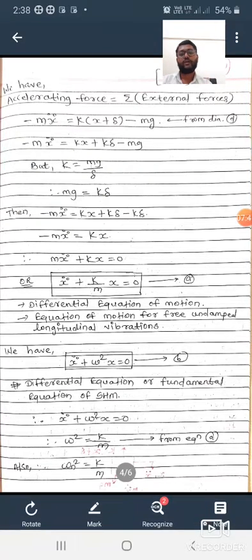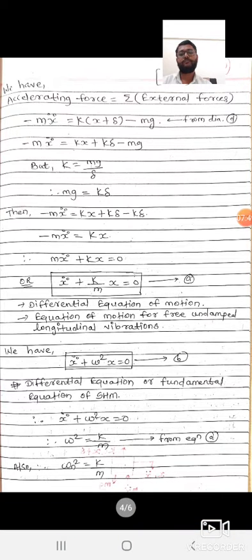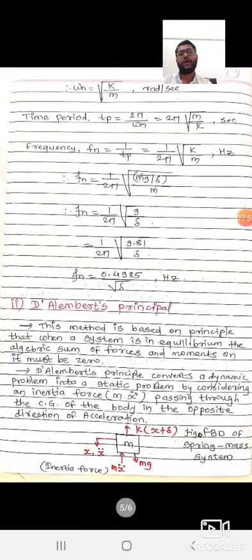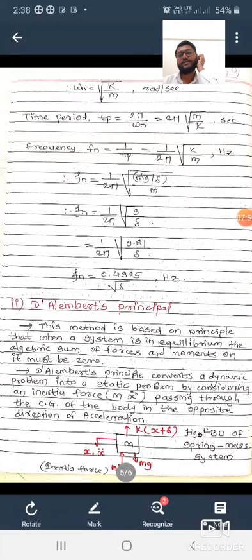And also we have natural frequency omega n square equal to k by m, and omega n equal to under root of k by m radian per second. Again, time period Tp equal to 2 pi upon omega n, that is 2 pi under root of m by k.